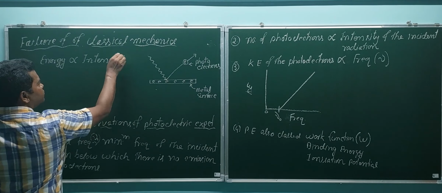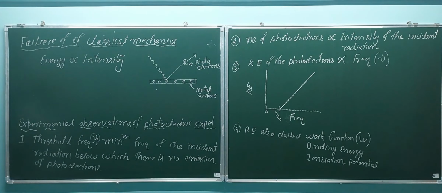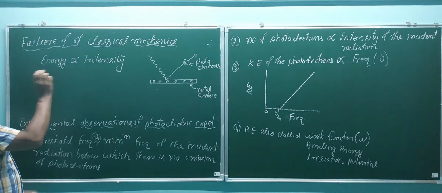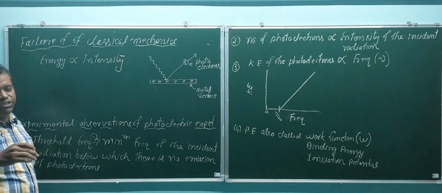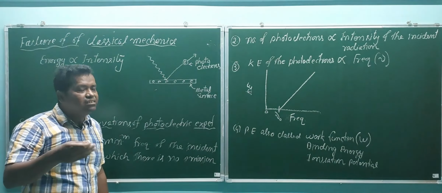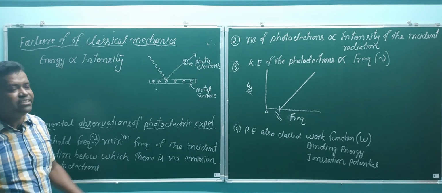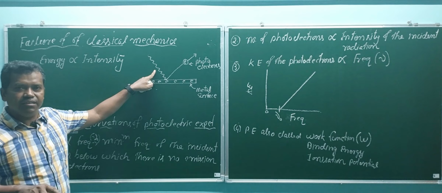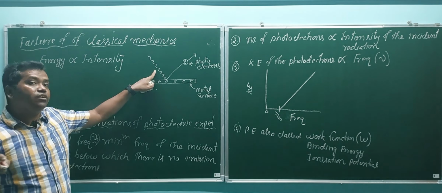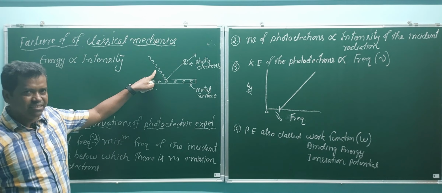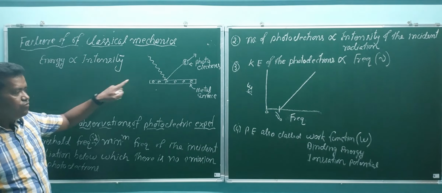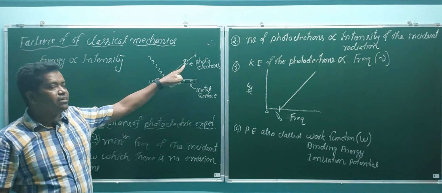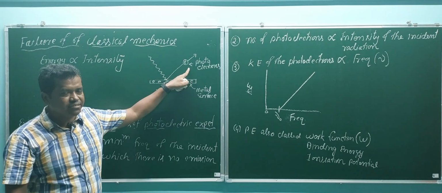Now, if this is correct, then if we increase the intensity of the incident radiation, the kinetic energy of the photoelectron should increase. I repeat, if we increase the intensity of the incident radiation, then the kinetic energy of the photoelectron should increase.